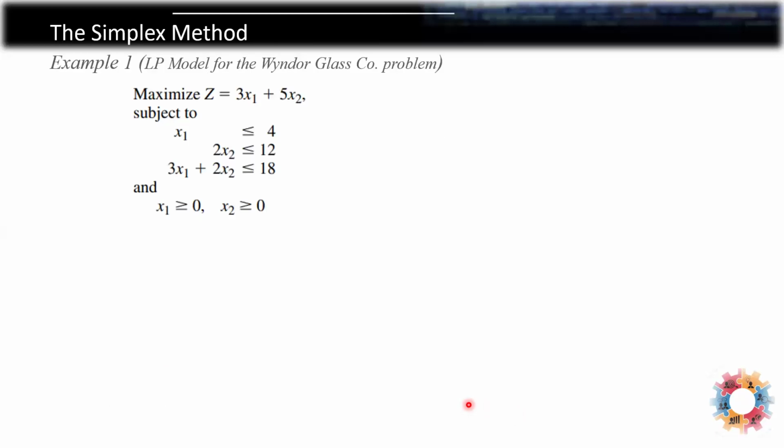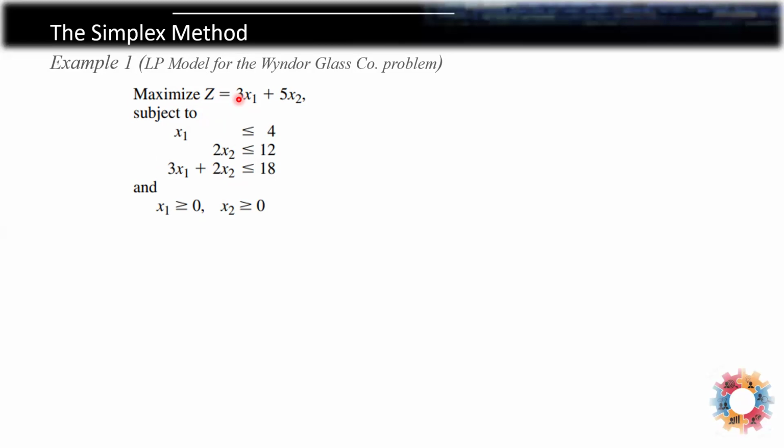We'll use this example, the LP model for the window glass company problem. So the objective function is, basically, this is a maximization problem. So maximize z equals 3x1 plus 5x2.